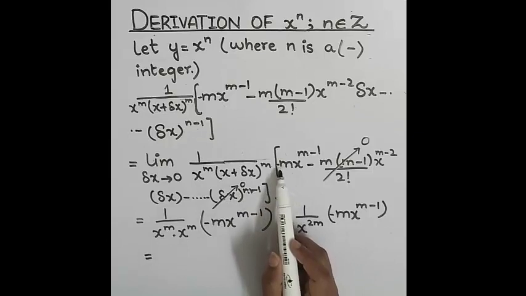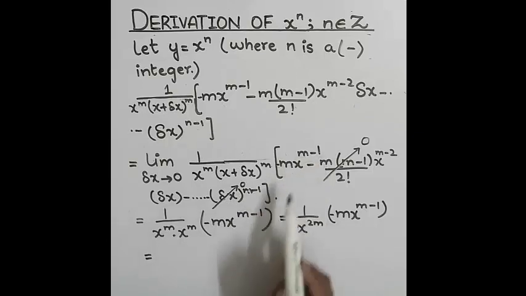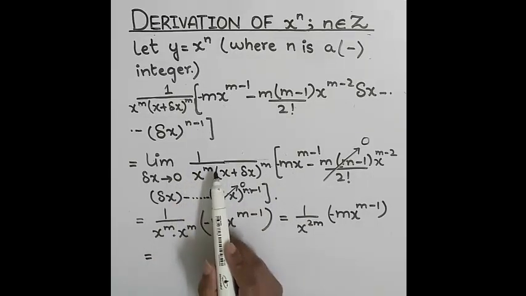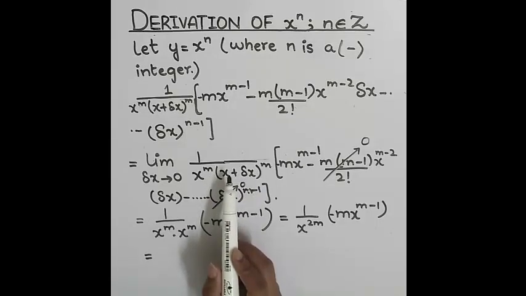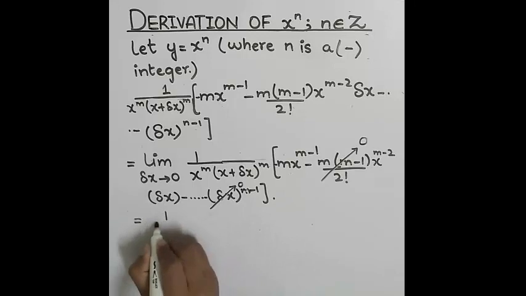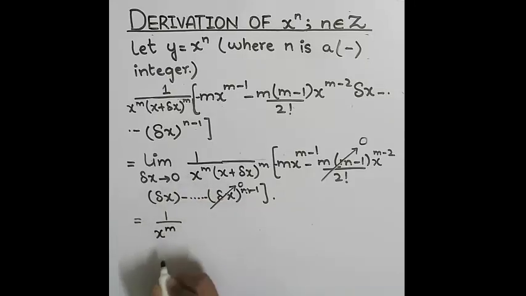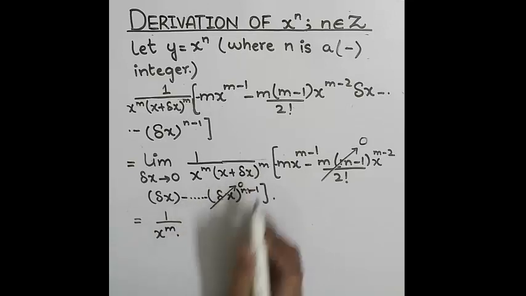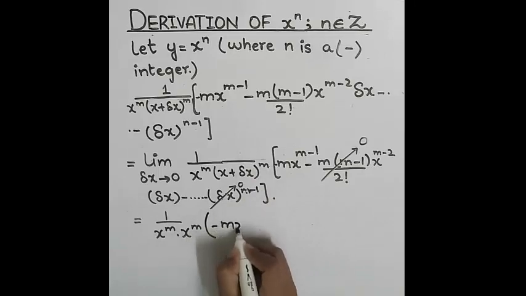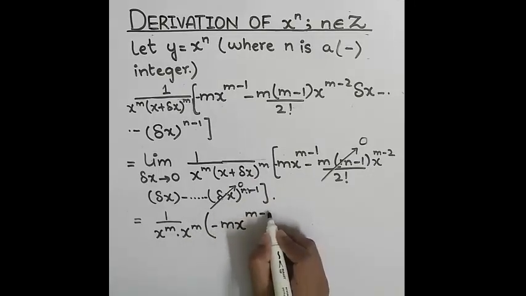So we are left with minus m, m minus 1 inside the bracket, and outside the bracket we have 1 over x^m, and in the expansion of this term only x raised to power m will be left. All other terms contain delta x, and since delta x is approaching 0, all other terms will vanish. So we are left with 1 over x raised to power m multiplied by x raised to power m from this expansion, and here minus m x^(m minus 1).